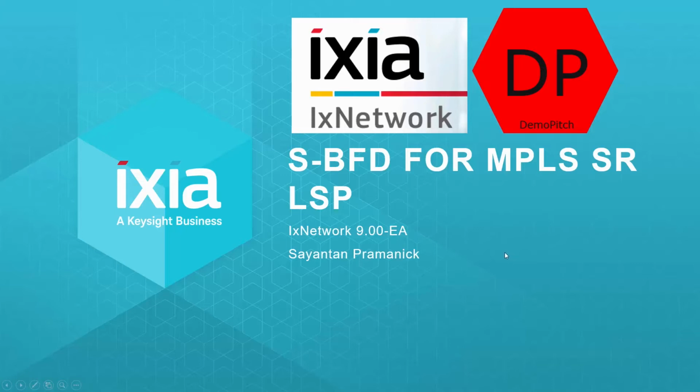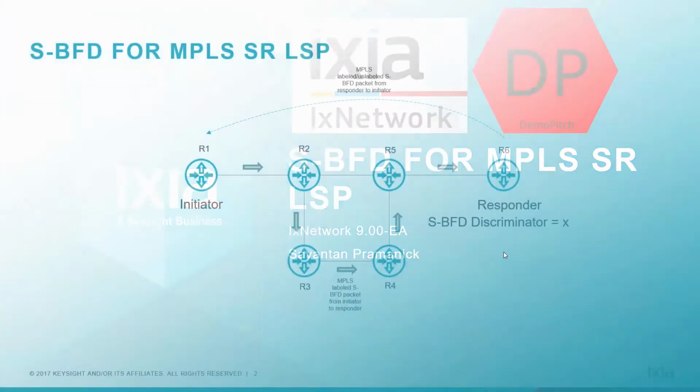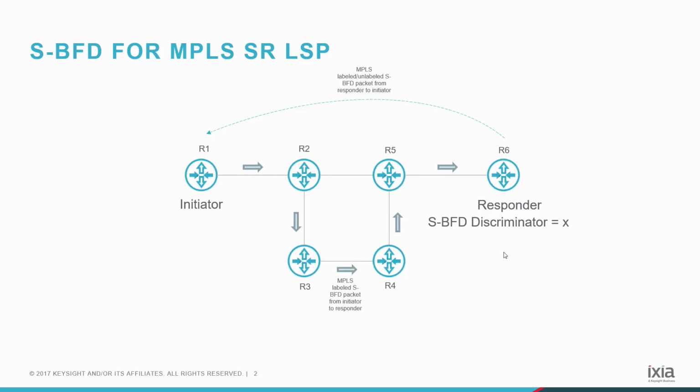Before going into the configuration details in IxNetwork, let us first quickly see what SBFD is. SBFD, or seamless BFD, is a stripped down version of original BFD, which is also known as classical BFD. SBFD is used to check the continuity of a path, maybe an IPv4, IPv6 or MPLS path, from source to destination in one direction.